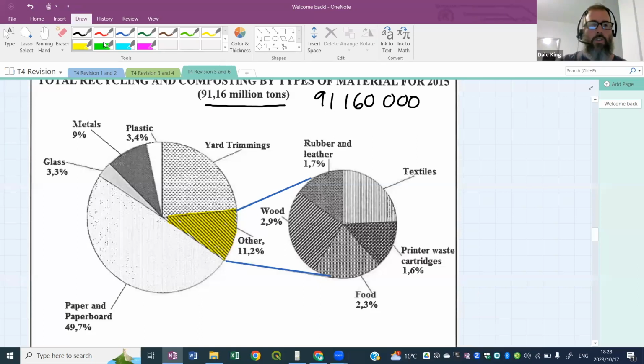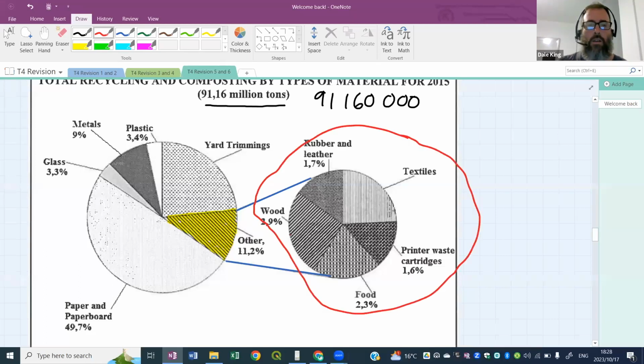All right. So please understand that all of these here contribute to this 11,2% called other. All those little pieces of the pie on the right belong to other in the main pie.